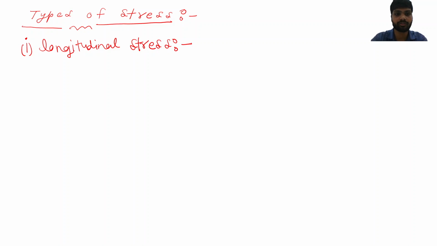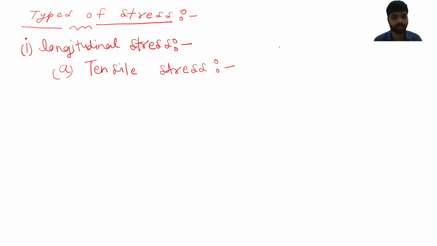Let's start with tensile stress. Tensile stress is that type of stress which occurs in a body when an external force tries to stretch it, meaning it tries to increase its length or pull the body from both sides. Let's understand it with a drawing.